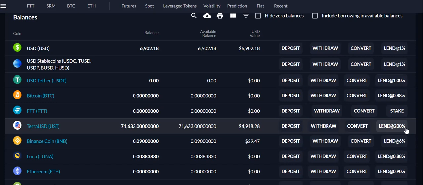So by looking at the interest rate, I think this is a very good indirect piece of information to look at which particular tokens are being heavily shorted. Because those tokens that are heavily shorted will have a huge demand to borrow them, and the huge demand to borrow them will drive up the interest rate.